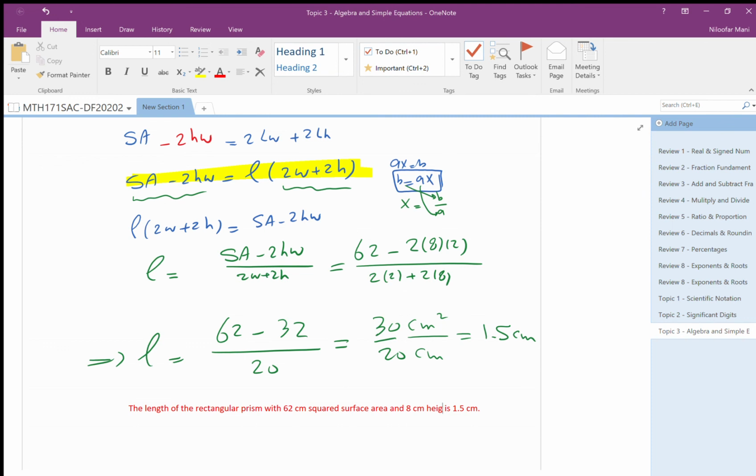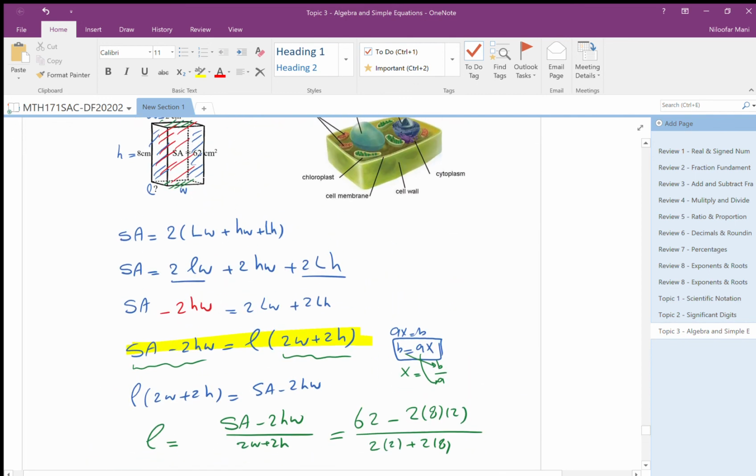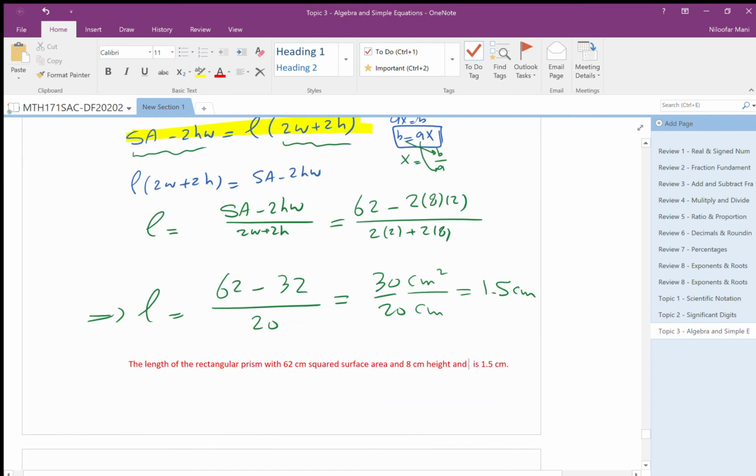Okay, so yes, I have to. Is it 8? I'm checking. Yes, it's 8. So yes, 8 centimeter height, and what was the other one? 2 centimeter.